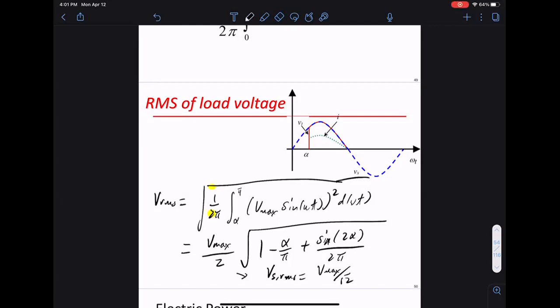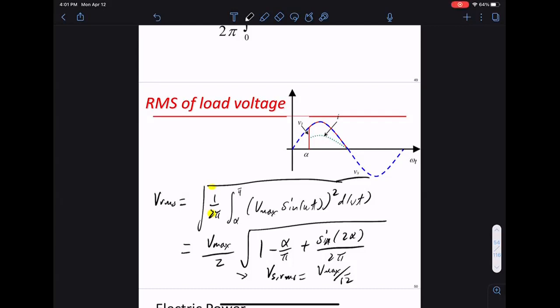We first talked about VRMS for dealing with AC, but now we're going from AC to DC, and still using VRMS is helpful. Yes, because the power depends on VRMS. Power is VRMS squared over the load, not V average squared.